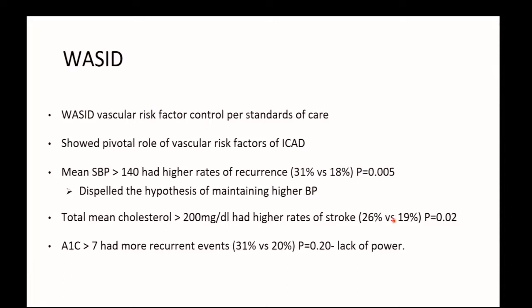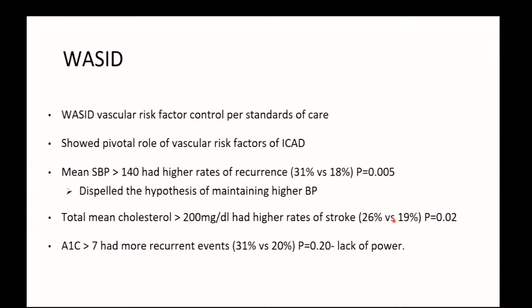So you have things like the SPARCL trial that used a statin. And we know statin is probably good to prevent you from having a heart attack or a stroke, regardless of the etiology. We know controlling your blood pressure is probably a good idea, but they didn't enforce that in the WASID.